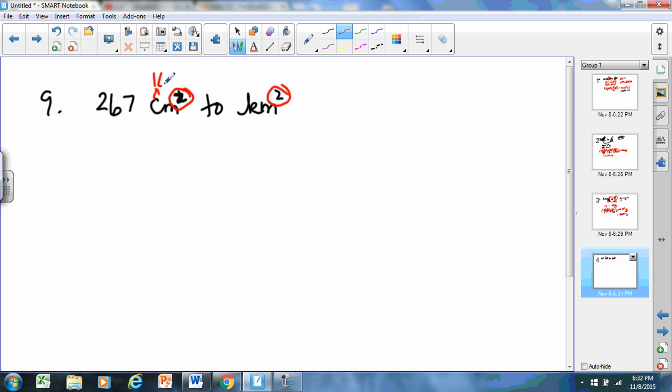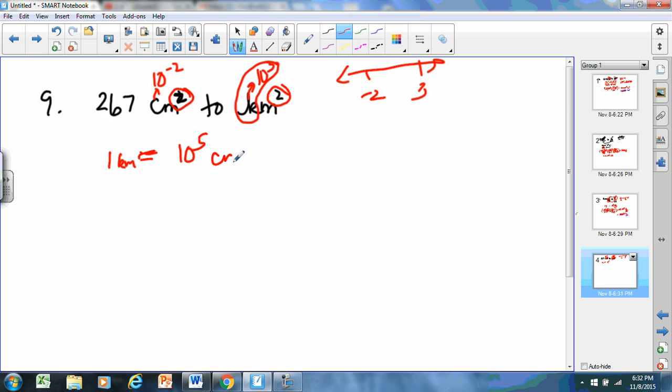What does centi mean? 10 to the negative 2, just like a cent is 100th of a dollar, a centimeter is 100th of a meter, and kilo is 10 to the third. So how far is it on a number line from negative 2 to positive 3? It's 5. And then what's a bigger number? 10 to the third or 10 to the negative 2? 10 to the third. So kilometers goes with 1, and centimeters goes with 10 to the fifth.